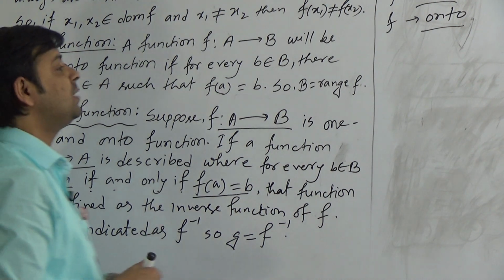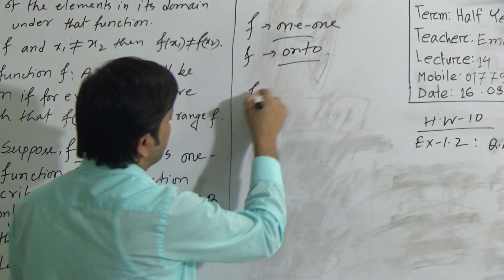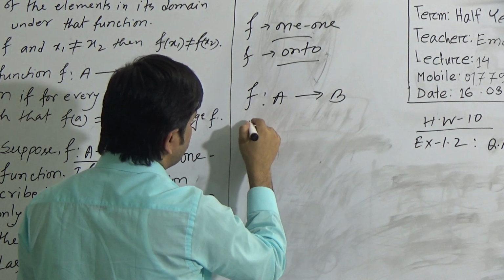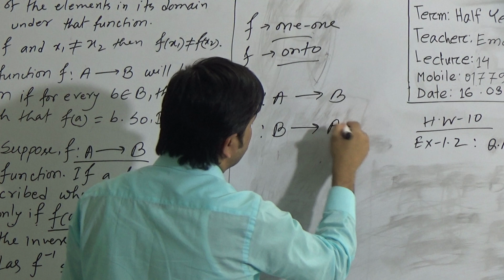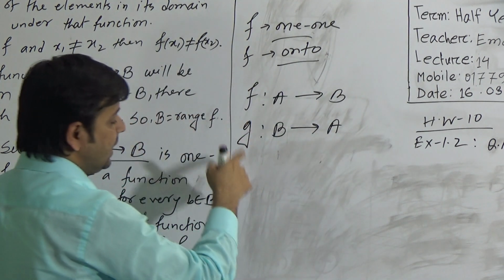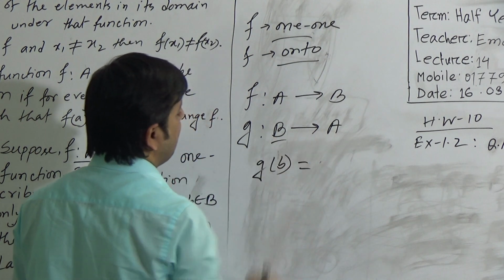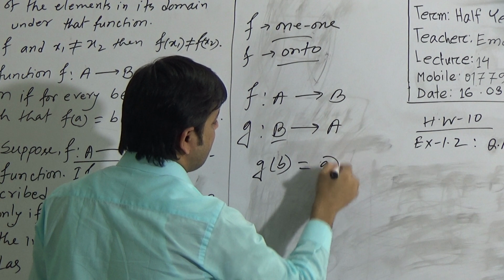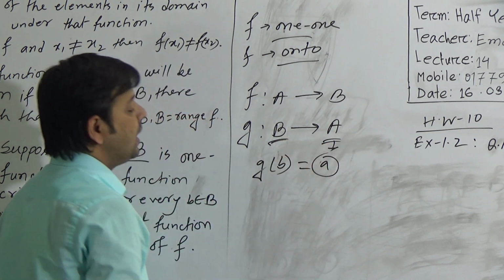What does it mean? It means that if the function f is one-one and onto and f is a function from a to b, there exists another function g from b to a. In this case, the elements of set b are mapped to the elements of a.